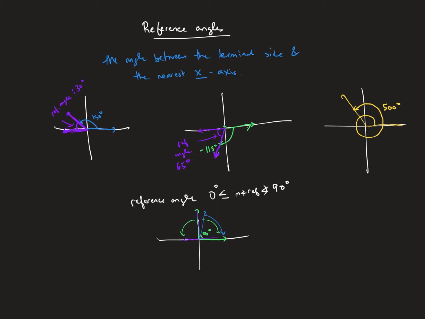So let's look at that 500 degree. Here's the terminal side. Here is the nearest x-axis. This is my reference angle. Now, we have to do a little more thinking here in order to get the reference angle, because we know the angle is 500 degrees, and we know that the initial side of the angle and the terminal side of the reference angle make a straight angle, 180 degrees.